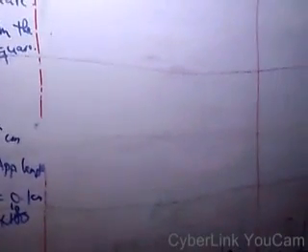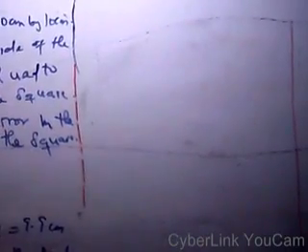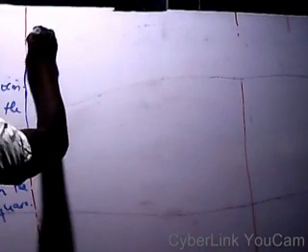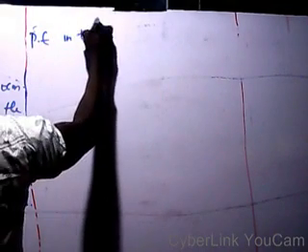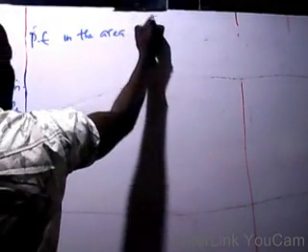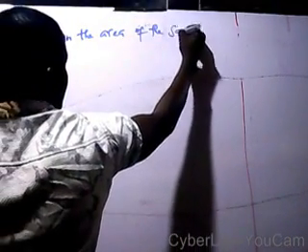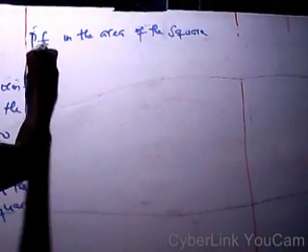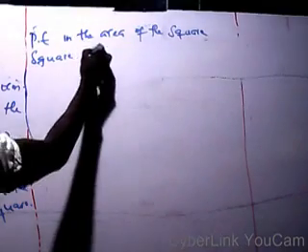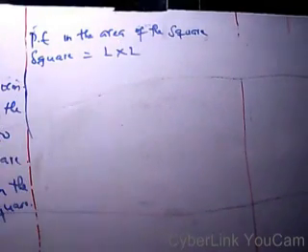Now, the area of a square is equal to L times L, right?